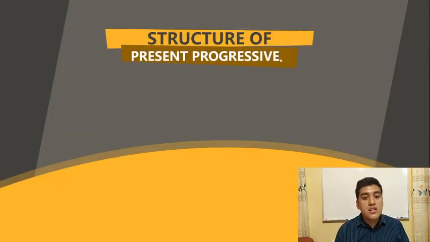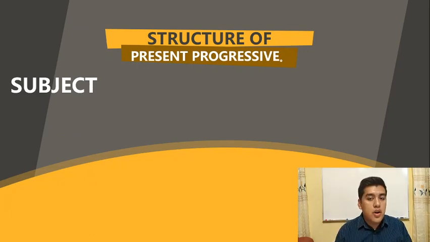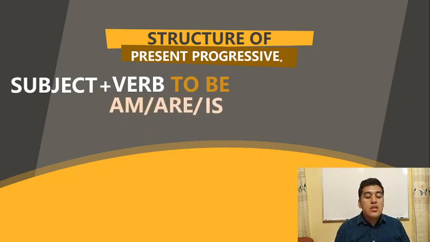Okay, now let's introduce the present progressive. The structure of the present progressive is like this. First, the subject. What is the subject? You know, first, second, or third person. Plus the verb to be: am, are, is.